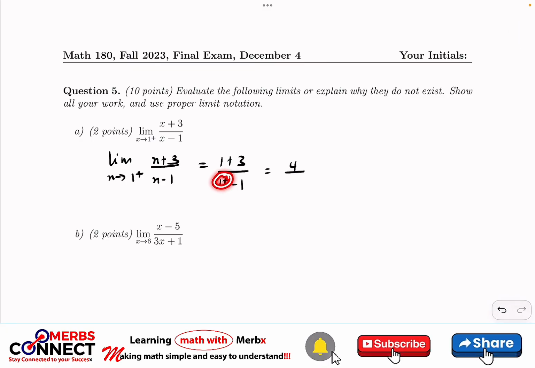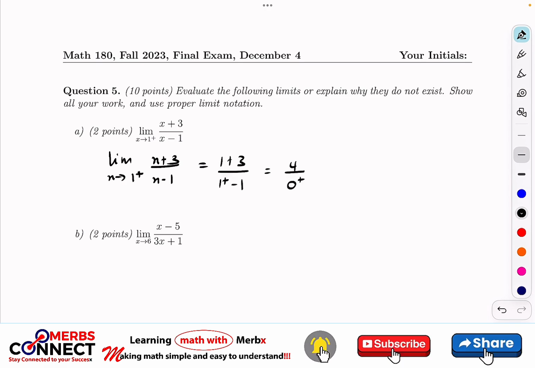1 positive means that we are picking a value that is greater than 1. Any value that is greater than 1 is going to give us a positive result. For example, if I pick something like 1.1, which is greater than 1, then 1.1 minus 1 gives me something positive, which is 0.1. So 1 positive minus 1 is going to give us something like 0 positive, which can be 0.1, 0.2.